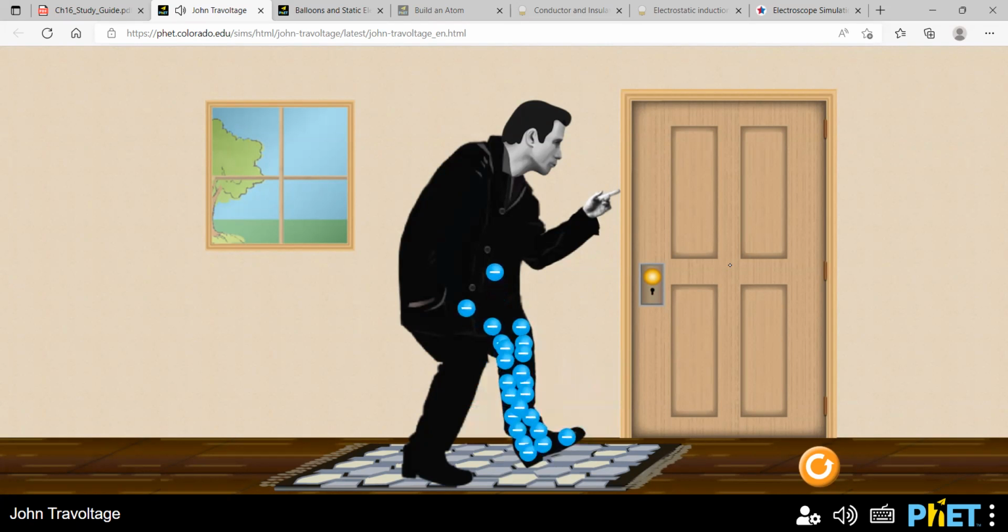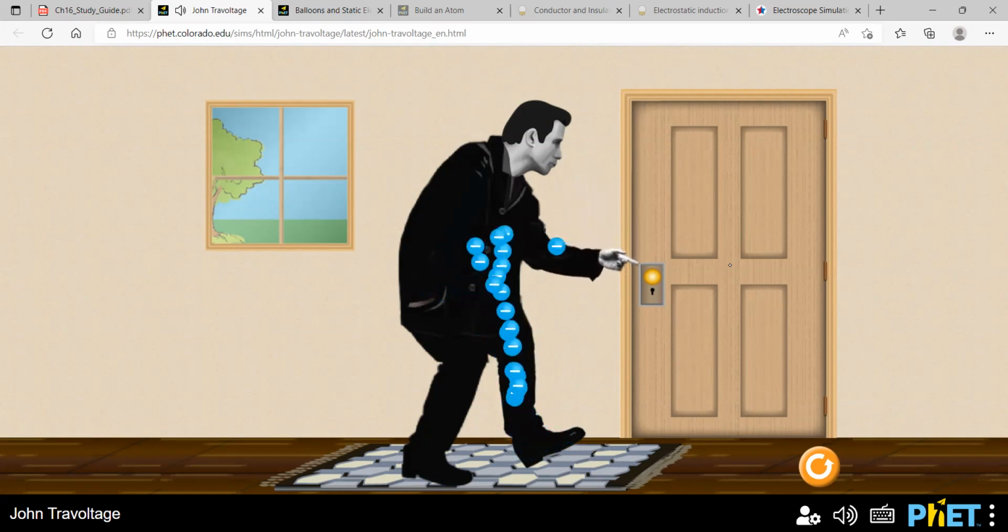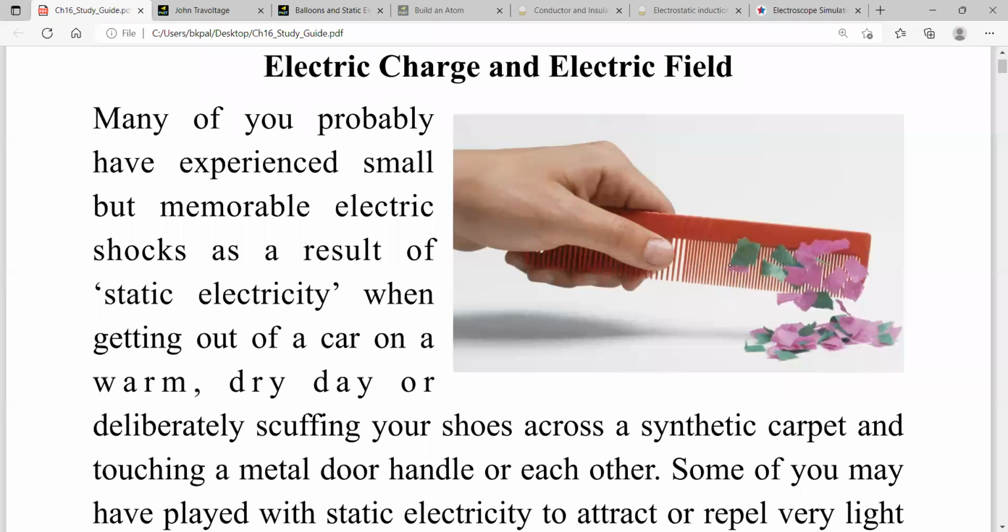Now you are a more negatively charged object. Now when you touch the metal, you get a shock. So what happened here, and also in this picture, is that charge goes from one object to another object.